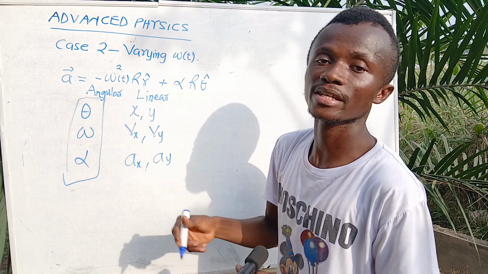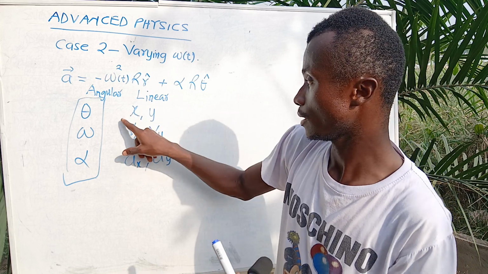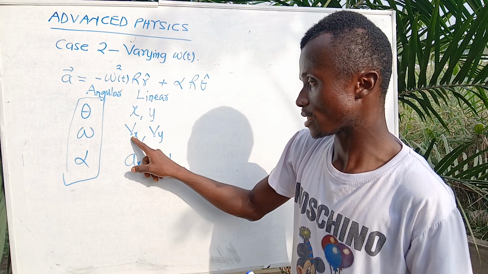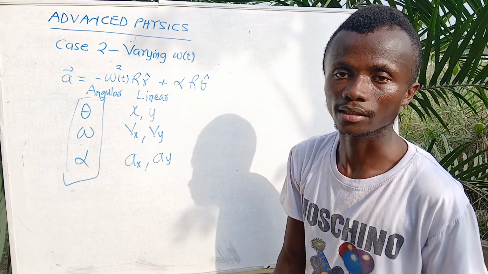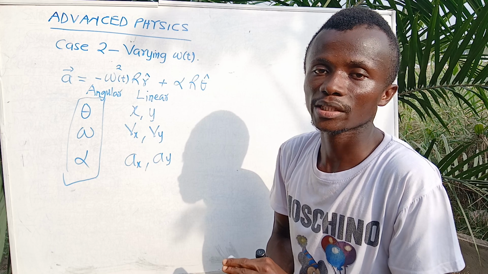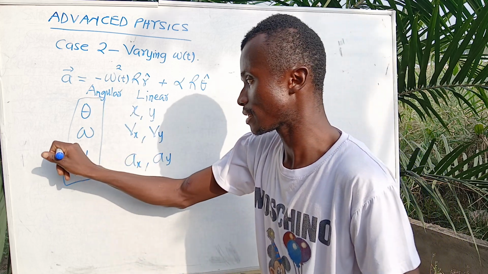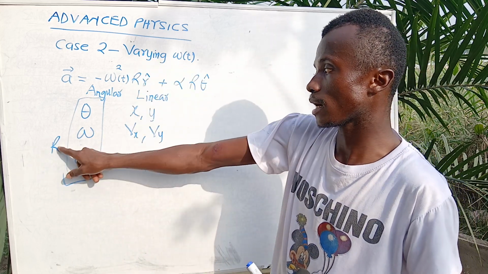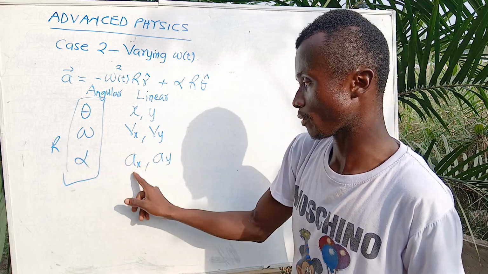The angular parameters first appear in circular motion, where the linear displacement or linear position becomes angular displacement or angular position, linear velocity becomes angular velocity, and linear acceleration becomes angular acceleration. And the beauty is that you can convert from one to another. In the special case of circular motion, if you multiply the angular parameters by simply r, the radius of the circle, you get the linear parameters. So theta r is x, omega r is v, alpha r is a.